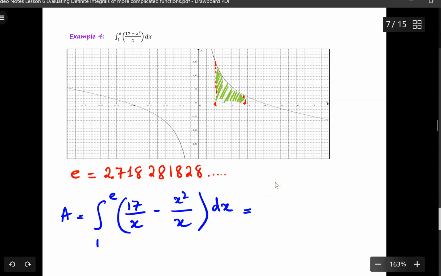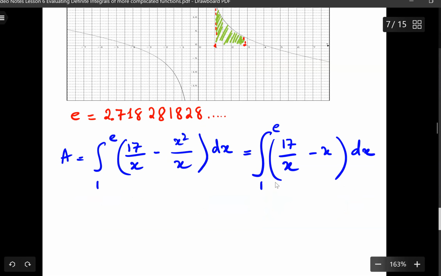So you see that I can simplify my fraction to 17 over x, and then I subtract x, as in x dx. Then you integrate this, and you also subtract the integral of that.